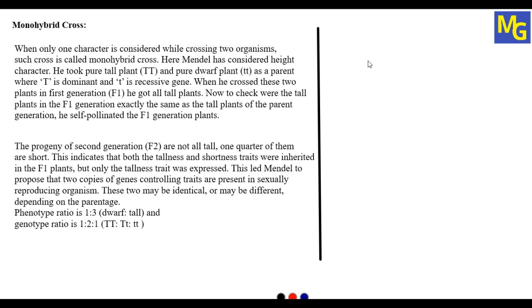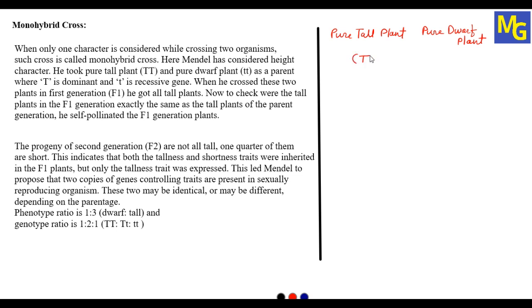So now we will start with the F1 generation. Mendel took a pure tall plant, so I will write it here, pure tall plant, and he took a pure dwarf plant, so that also I'll write it here, pure dwarf plant. So he took these two plants as parents.